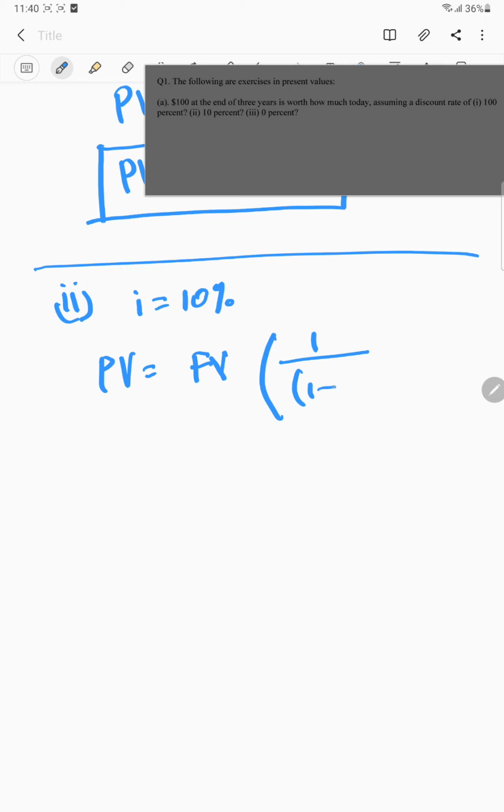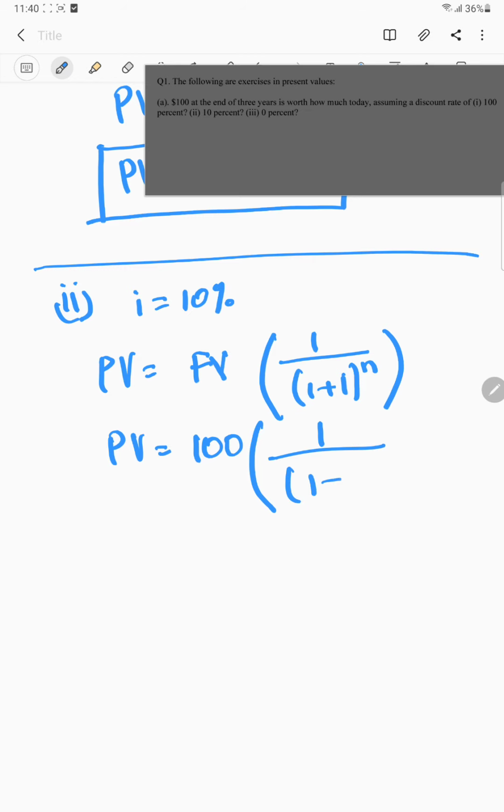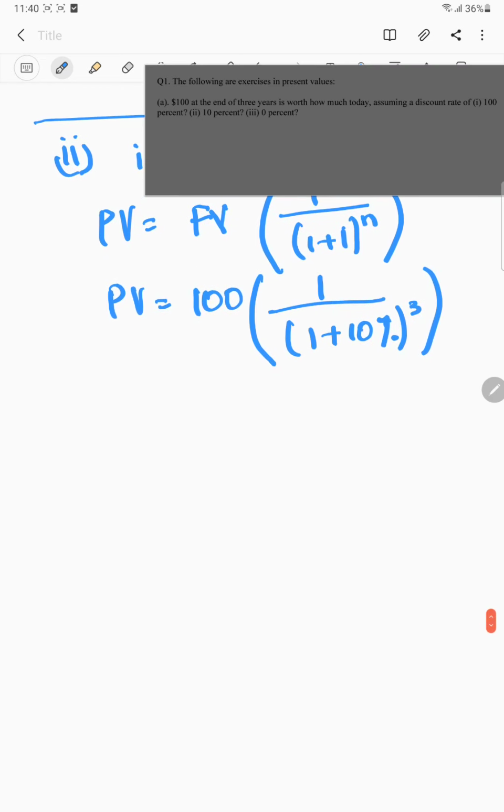Okay, so let's solve the second part of the question, where we will assume i equals 10%. We'll use the same formula. PV equals future value times 1 upon (1 plus i) to the power n. PV equals 100 times 1 upon (1 plus 10%) to the power 3.